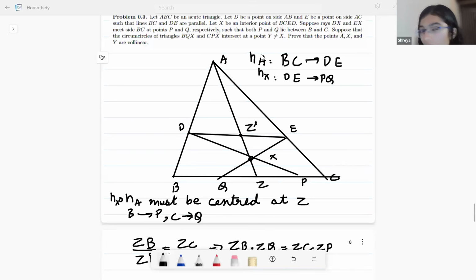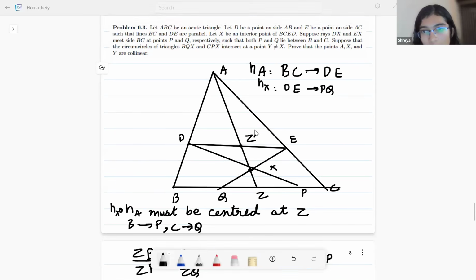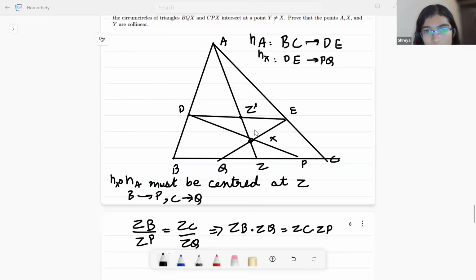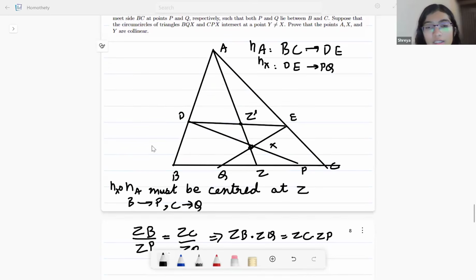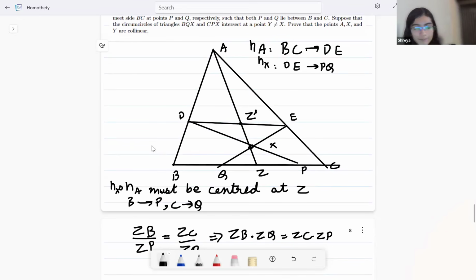And similarly, we can take a homothety at X, but that will send D to P and Q instead. So we compose these two homotheties because we want a relation between B, P, C, Q. Because we need to prove AX is the radical axis of these two circles.